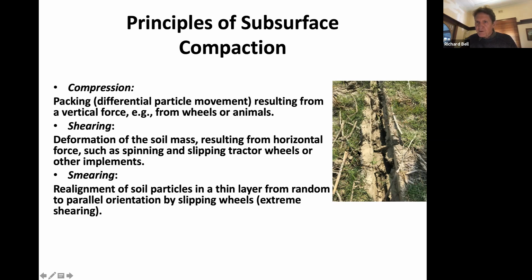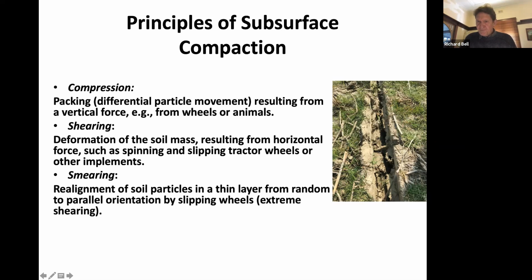And this photograph on the right-hand side is actually one from Bangladesh, where we're using really small machines. And this is what's called a strip tillage, where you've got the rotating blades that have been pulled through that soil to try and open up a slot to place the seed and fertilizer. And you can see the soil was just far too wet, and it's just caused that smearing along the side.